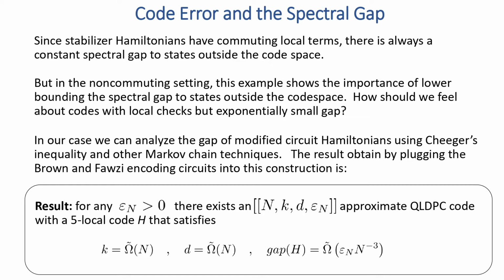So what we get then is that for any code error epsilon, which may depend on the number of physical qubits, that's what I mean by this subscript, may depend arbitrarily as a function, there exists an [[n,k,d]] epsilon-approximate QLDPC code, and actually you can have a 5-local code Hamiltonian on qubits that has these parameters.